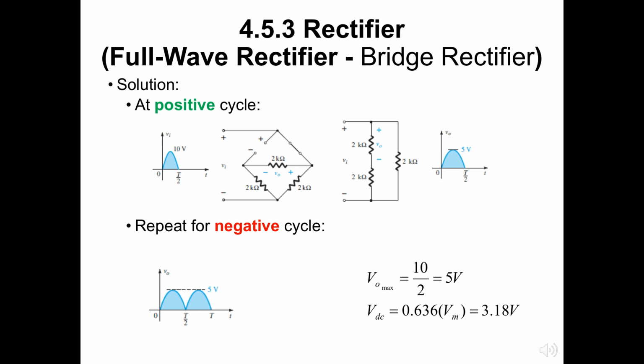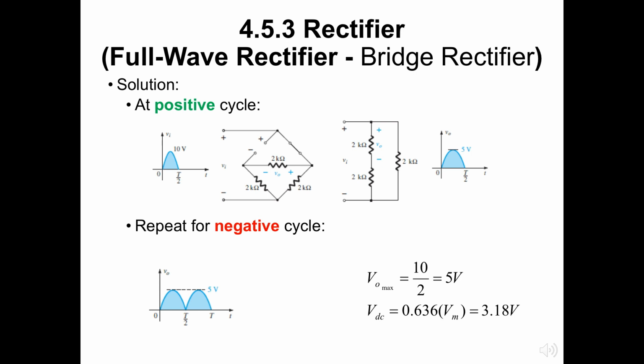The network appears as shown in the topmost left figure for the positive region of the input voltage. Here, for the positive cycle, redrawing the network results in the configuration of the top second from the right figure, where VO is half of Vi, or we can say VO max equals 1/2 Vi max equals 1/2 of 10 volts, which is 5 volts.